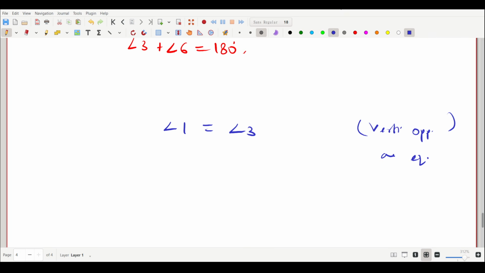If you're writing the co-interior property, for example, angle 3 plus angle 6 equals 180 degrees, you have to write: the sum of co-interior angles is 180. So wherever you are writing that this particular angle equals this particular angle, on the right hand side in the same line, in brackets, you have to write the reasoning also in statement form, and no shortcut.